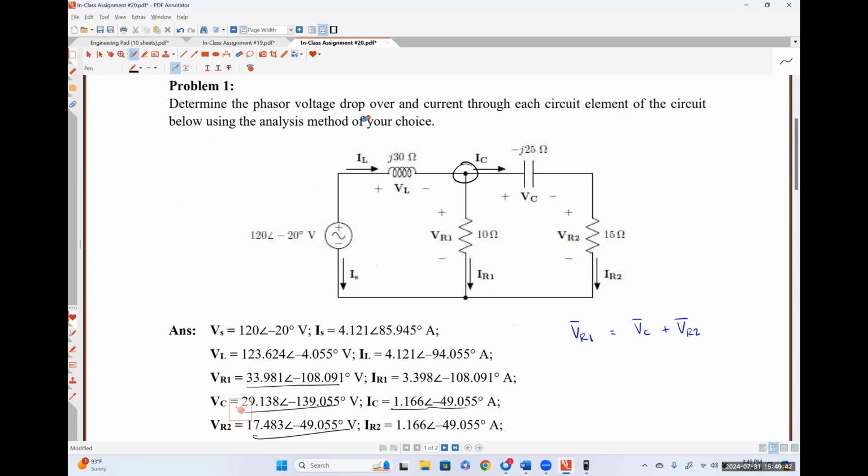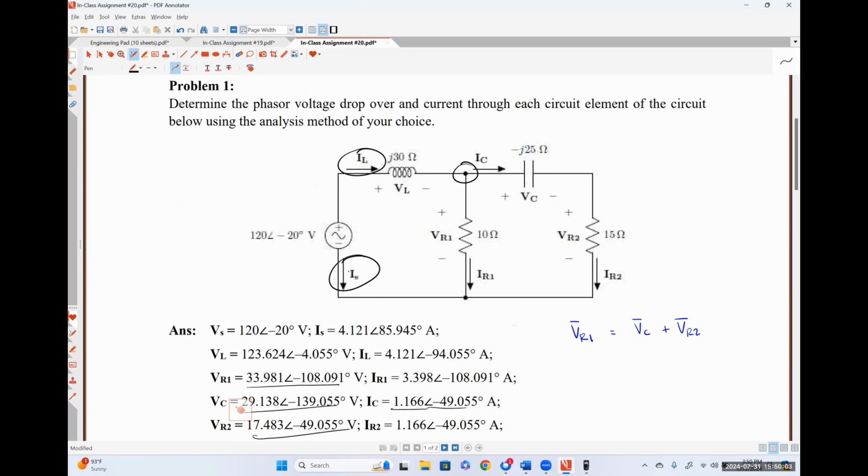What's the relationship, for what it's worth, between IL and IS? It's just the negative of its magnitude. Exactly right. So it's just the same current, but in the opposite direction.